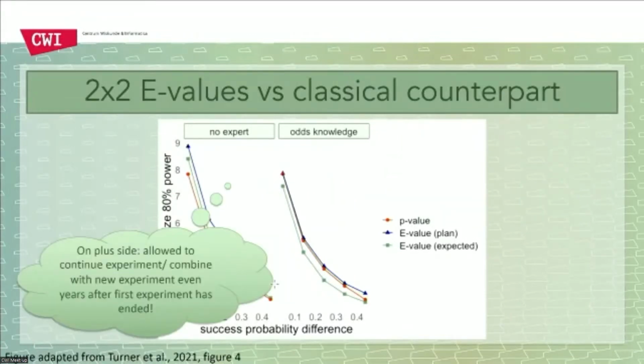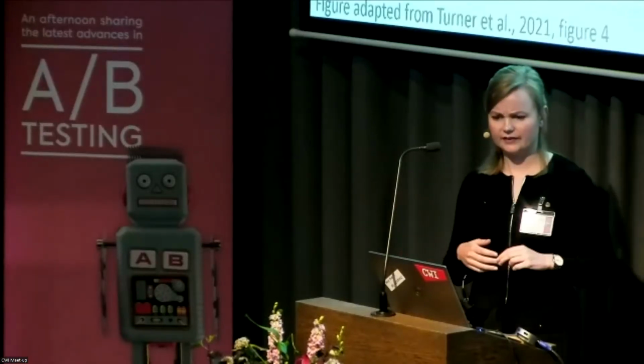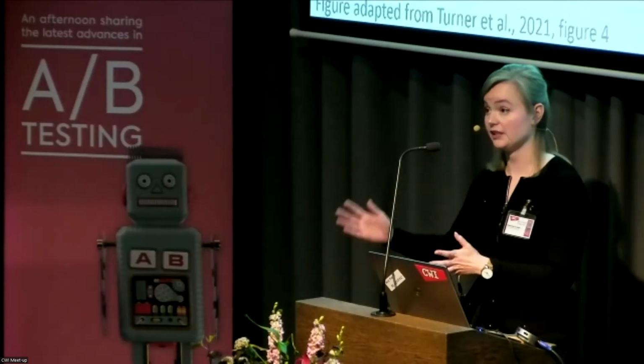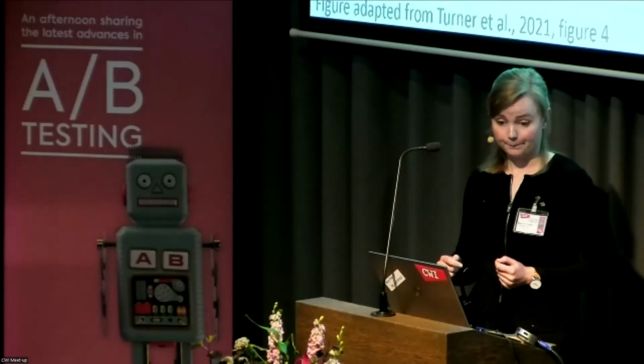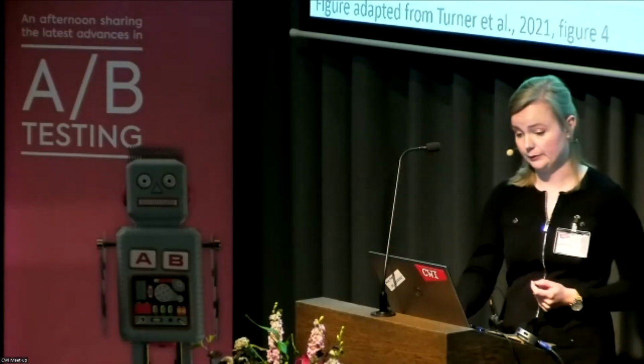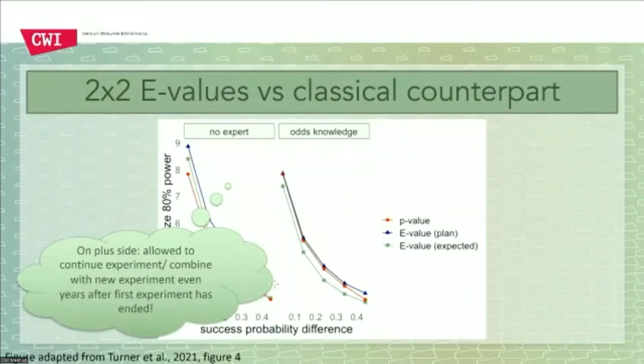On the plus side, because of this validity in the sequential setting of the test, you're always allowed to start a new experiment or, in case of futility, continue your study. And this is something that with the p-value analysis, you cannot really do. So that might be an advantage.